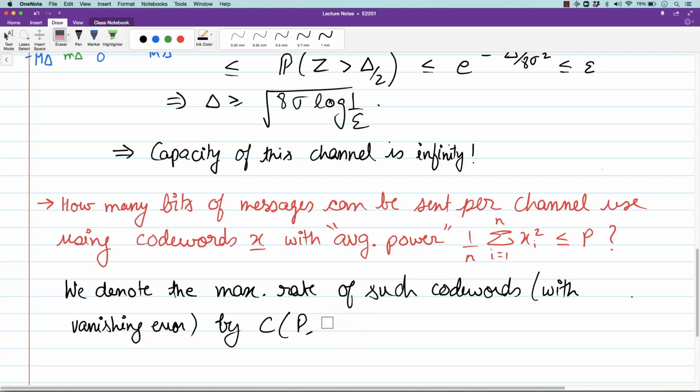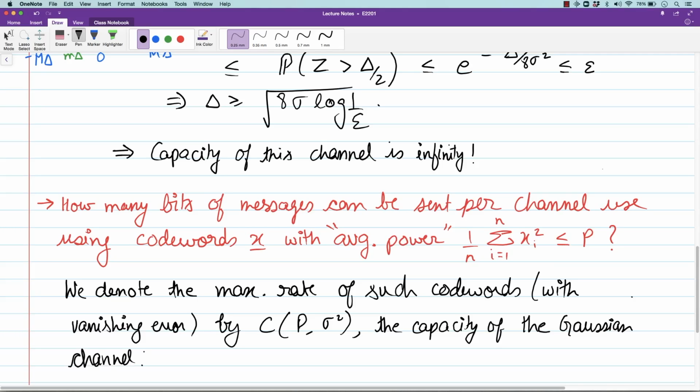Instead of W, I can just put sigma square here because that's the variance of the noise. So this is the capacity of the Gaussian channel. This is just a one line statement. Of course, you have to carefully define this quantity C(P, sigma square).